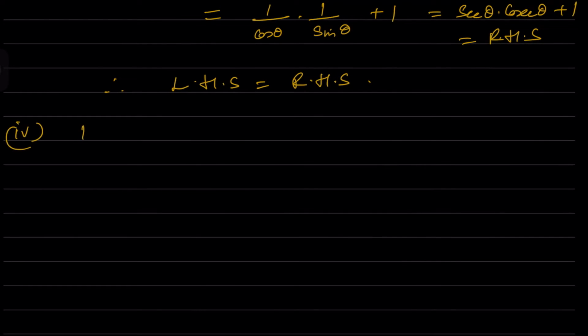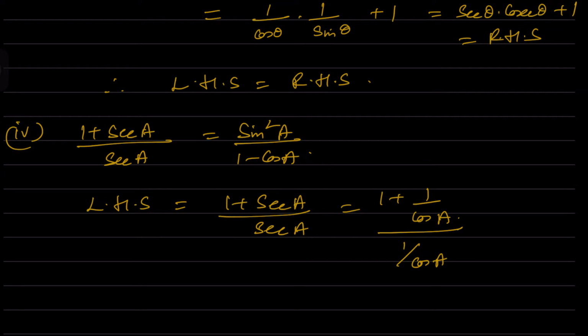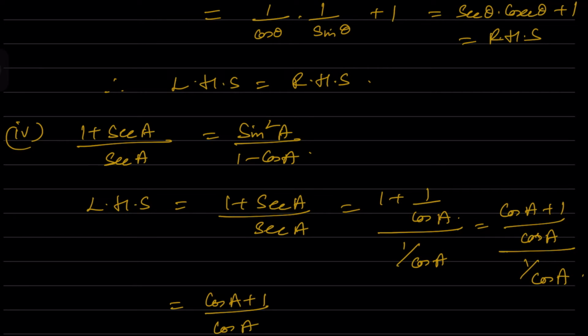Now the fourth bit is 1 plus secant A by secant A is equal to sin square A by 1 minus cos A. So we are taking LHS here into consideration. 1 plus secant A by secant A is equal to 1 plus 1 by cos A by 1 by cos A, which is equal to cos A plus 1 by cos A by 1 by cos A. So this can be written as cos A plus 1 by cos A into cos A by 1.